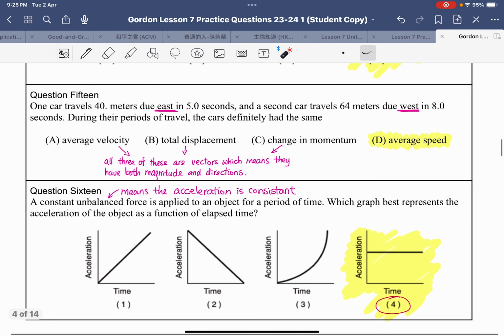Okay, question 15 says that the car travels 40 meters due east, and the second car traveled this way. And during the periods of the travel, the cars definitely had the same watt. If you do the math, what you're going to find is that you could see the car traveled 40 meters due east. So if you do the momentum, P equals M times V, you'd find that the momentum is actually 8.